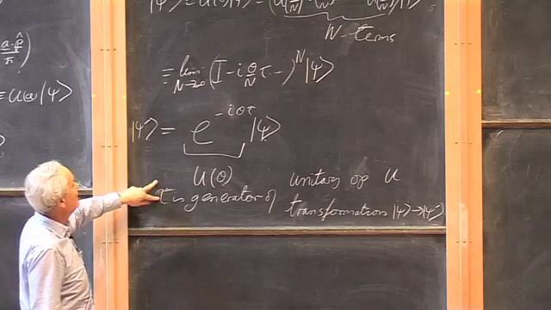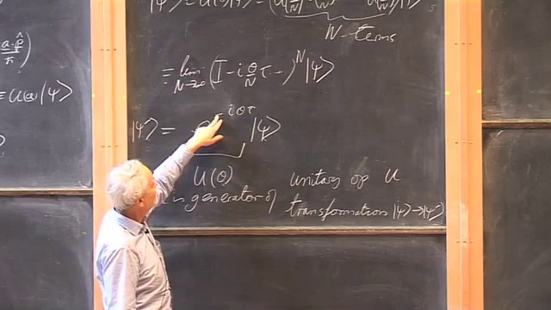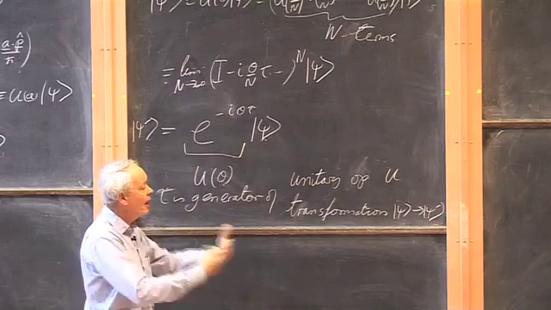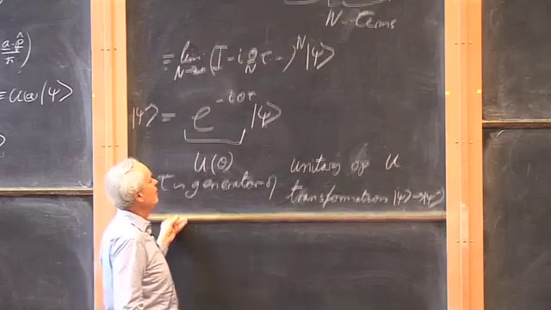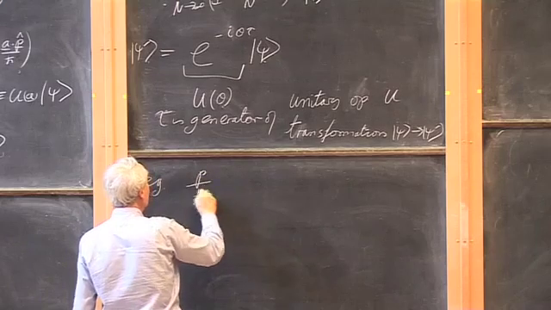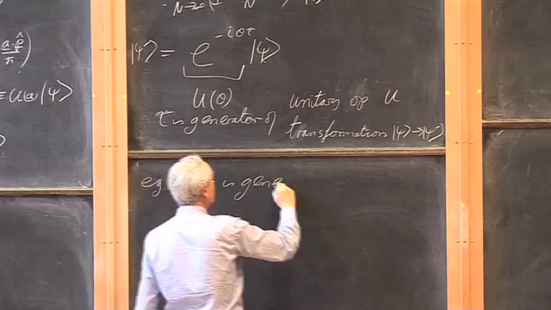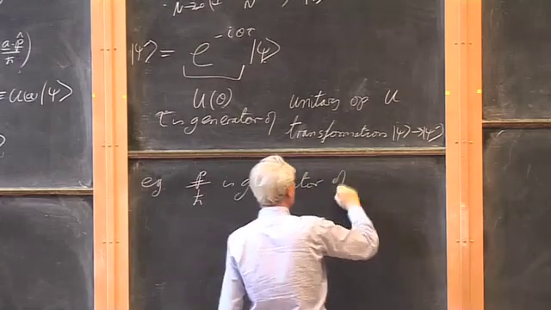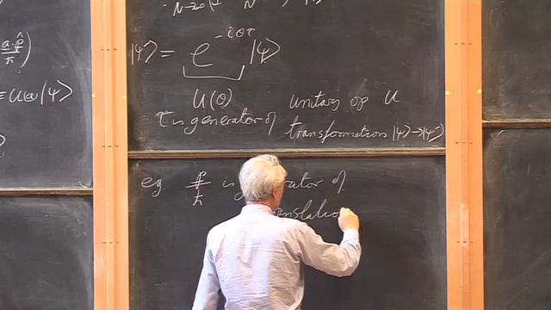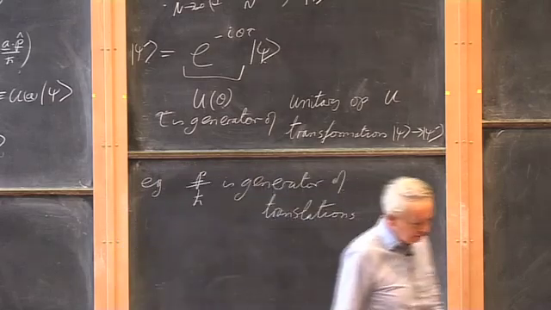But the generator is the operator you stuff in up here in the exponential. It's always times minus i for conventional reasons, and then a parameter theta that tells you how much you've generated. So, for example, p over h bar, not p sadly, but p over h bar is the generator of translations. That's just jargon.